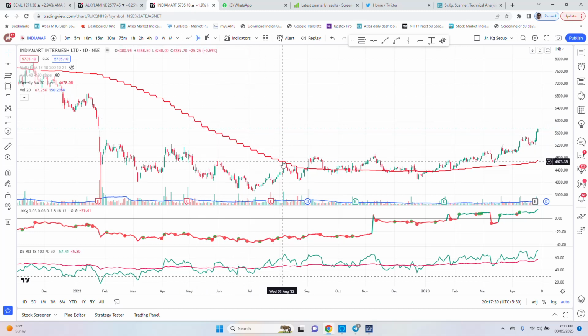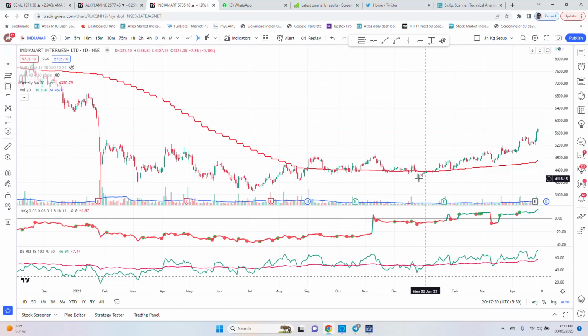And when the stock started to consolidate, these steps started becoming smaller and smaller and smaller, and then the line almost became flat. The steps are neither down nor up. The line is completely flat.